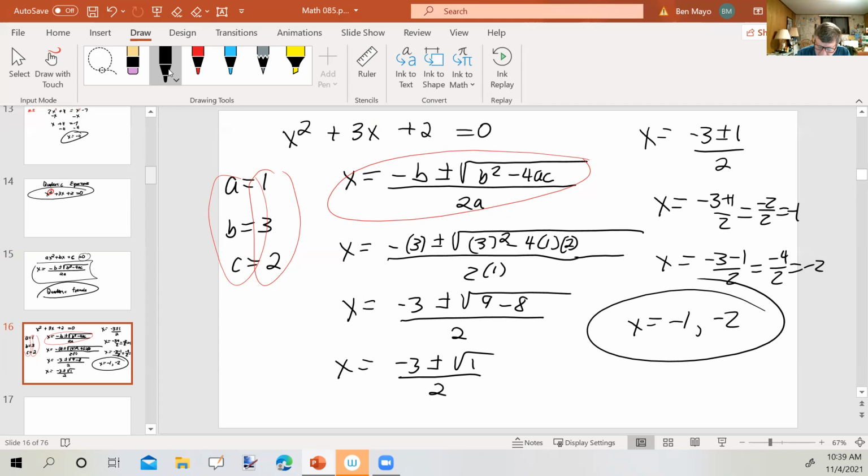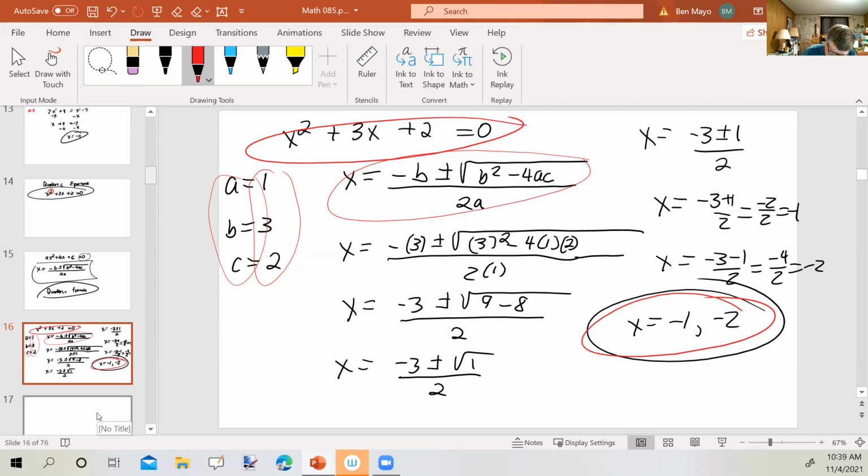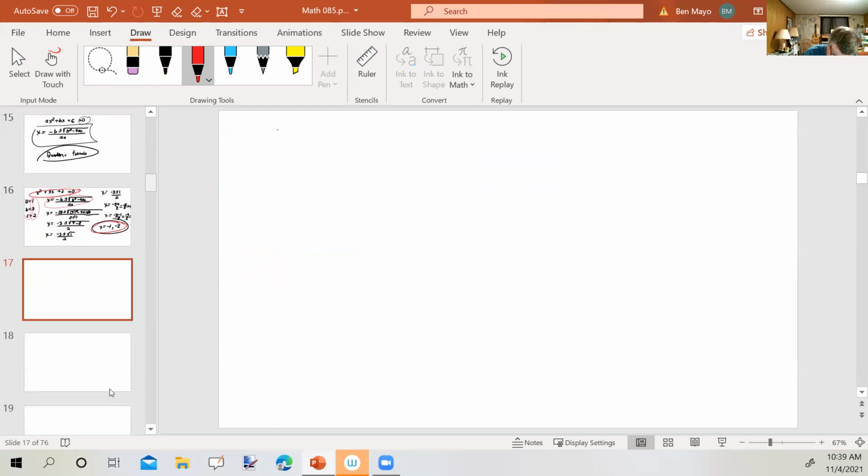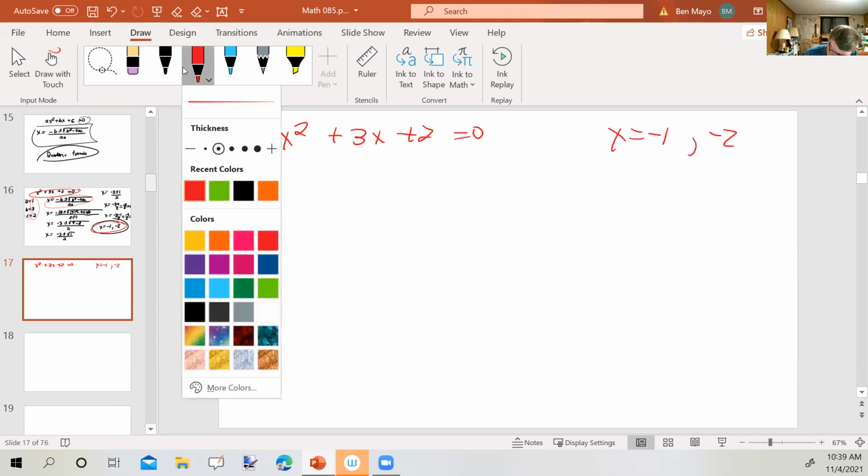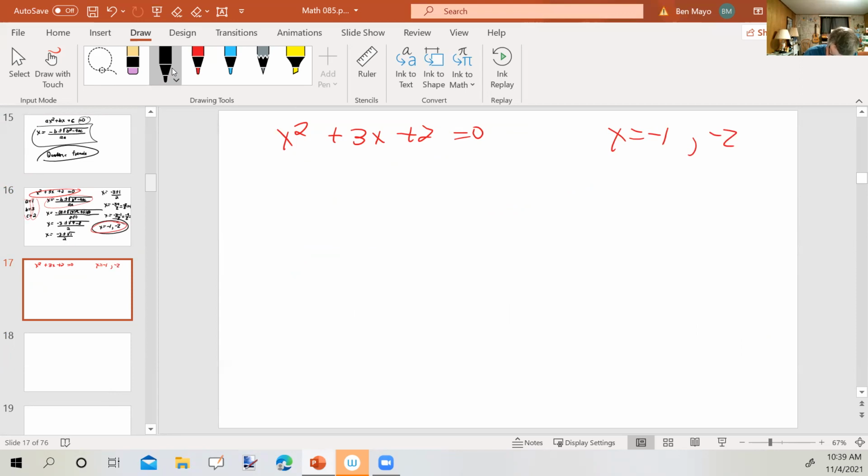Let's check our work. Let's take this equation and plug in these solutions one at a time to see if they work. We'll do that on the next page. So x squared plus 3x plus 2 equals 0. x equals negative 1 and negative 2. Okay, so let's take negative 1.